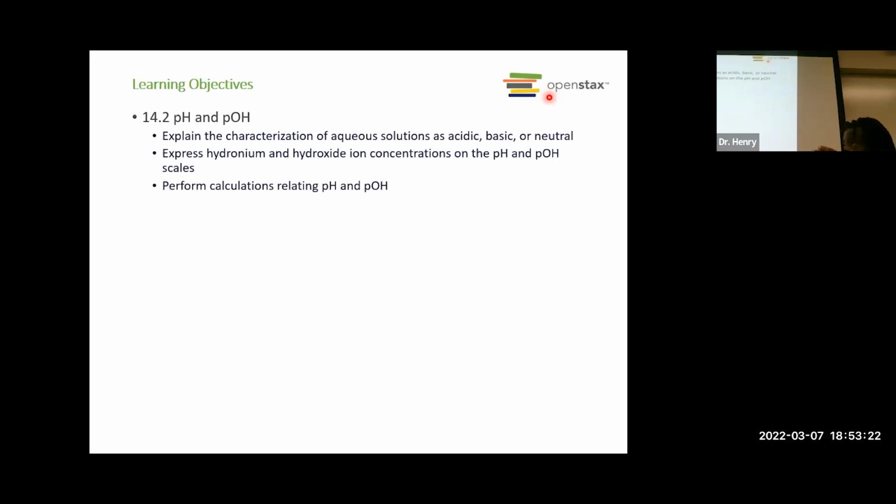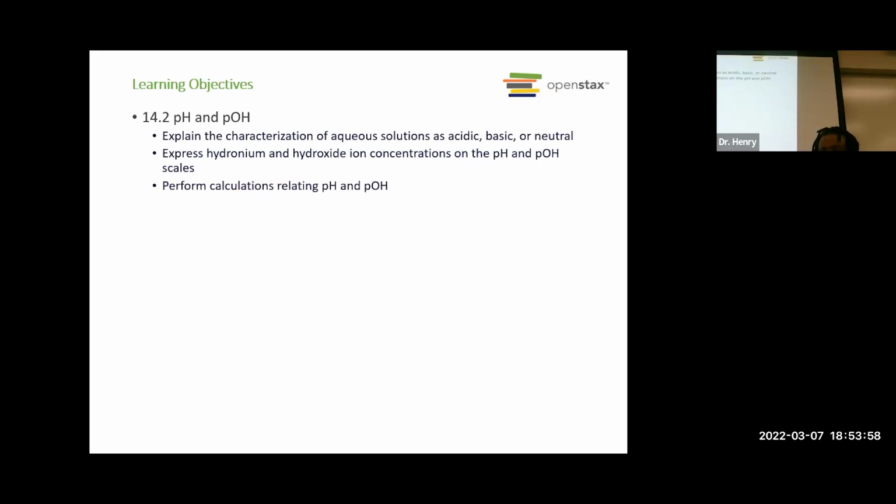So if you think about it, if the concentration of H plus is greater, then we know that that is going to be acid, right? Because that's how we get closer and closer to 0. And then if the concentration of H plus is lower, we know that we're favoring the OH, and then the pOH is going to be lower than 7 and the pH greater than 7. Does that make sense?